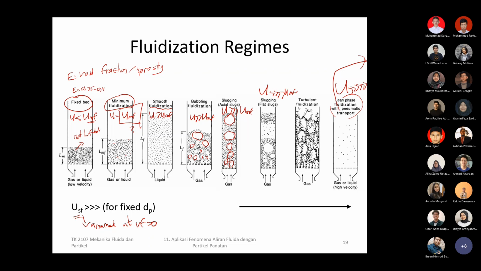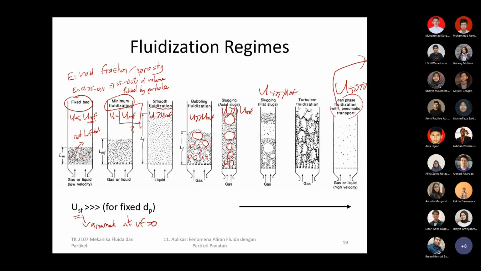That means 35 to 40% of the volume is filled by particles. And the white space in between the particles is the void area, the space that can be used for the gas or liquid to pass through.